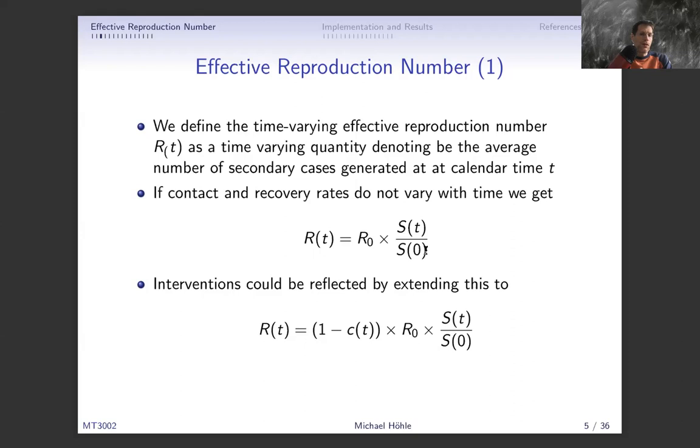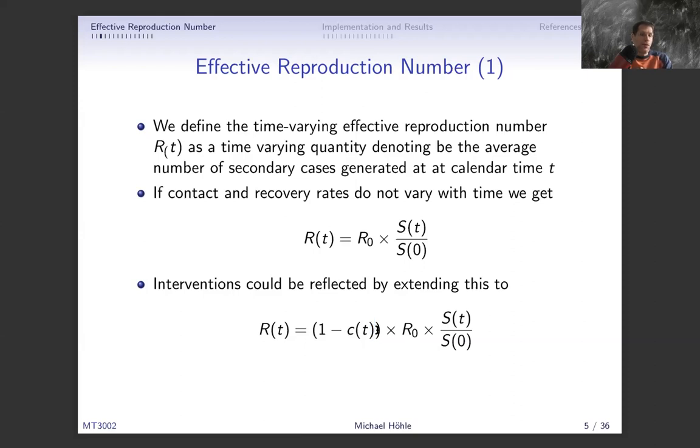But if you have more interventions aimed at beta and gamma, you could say you have additional interventions, and I will call these CFT. It reduces the basic reproduction number by a certain factor, 1 minus CFT.